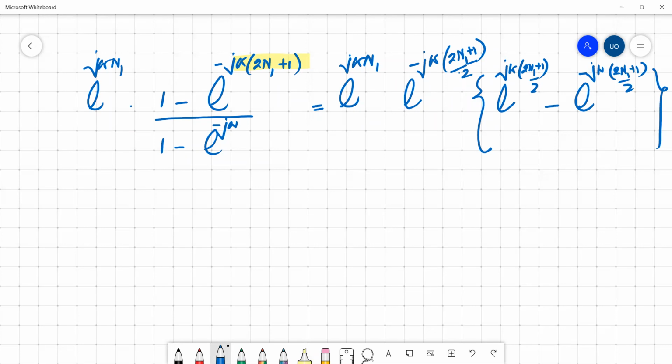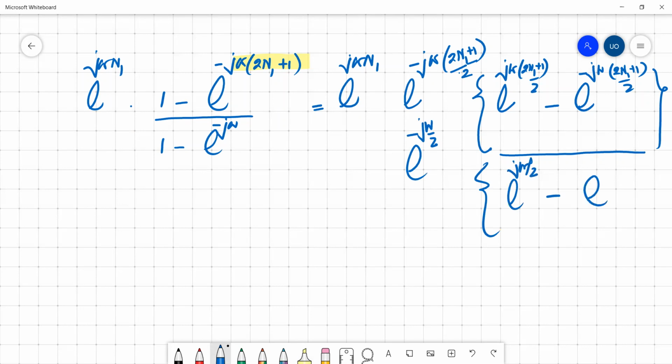So this numerator is done. Denominator also we do the same. We can take out half of this term, e to the power j omega divided by 2. So then we have e to the power j omega divided by 2 minus e to the power minus j omega divided by 2. Now we can simply convert it to sine functions.